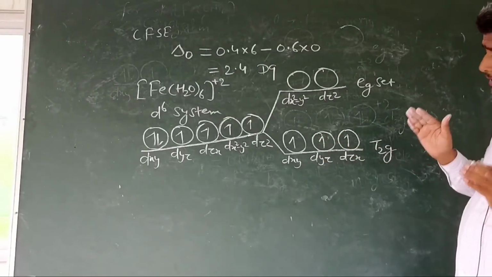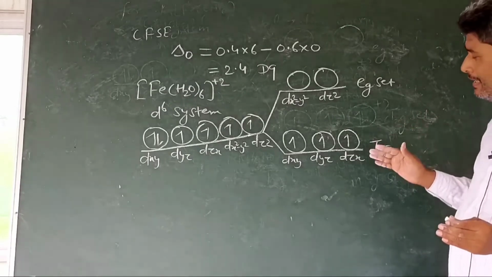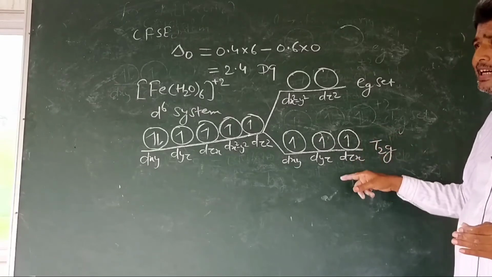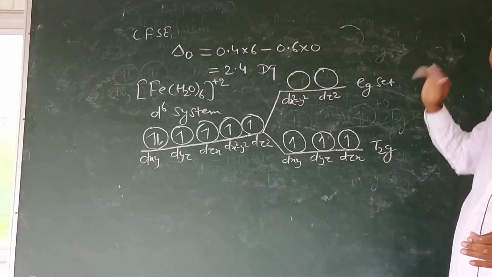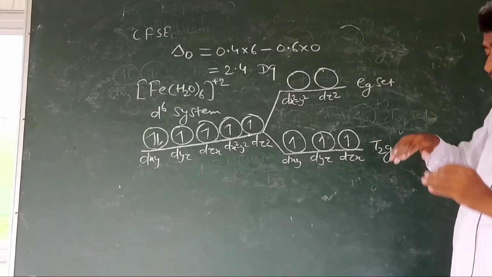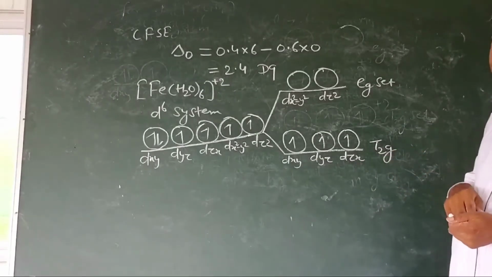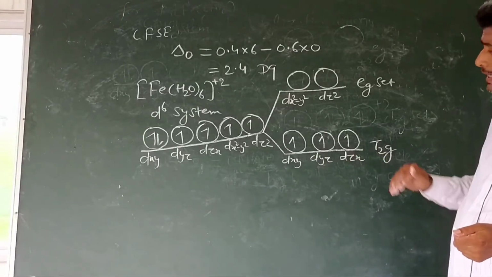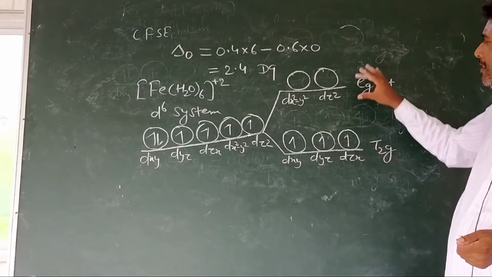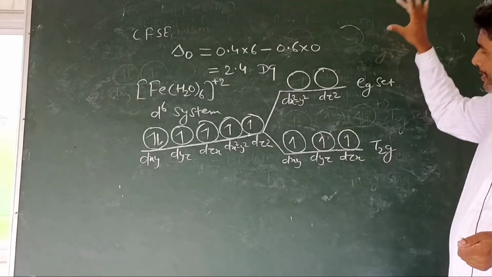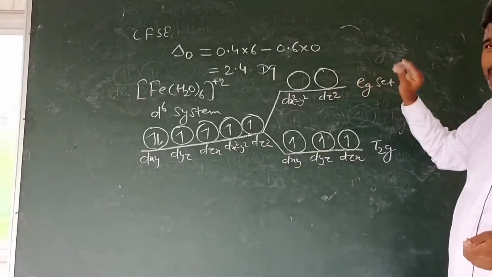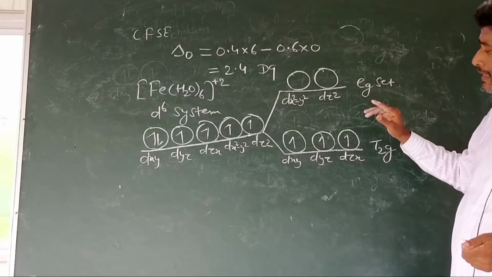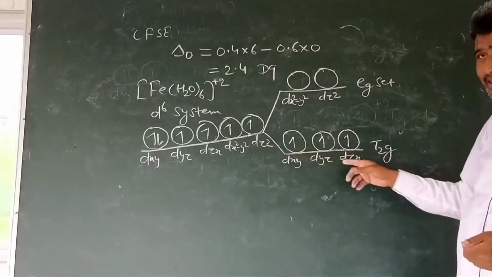After this, if the ligand is strong, pairing will start here. If the ligand is weak, the lower energy level is half filled, and the remaining electrons will enter the upper energy level. When the upper energy level is half filled, then the remaining electrons start pairing in the lower energy level.